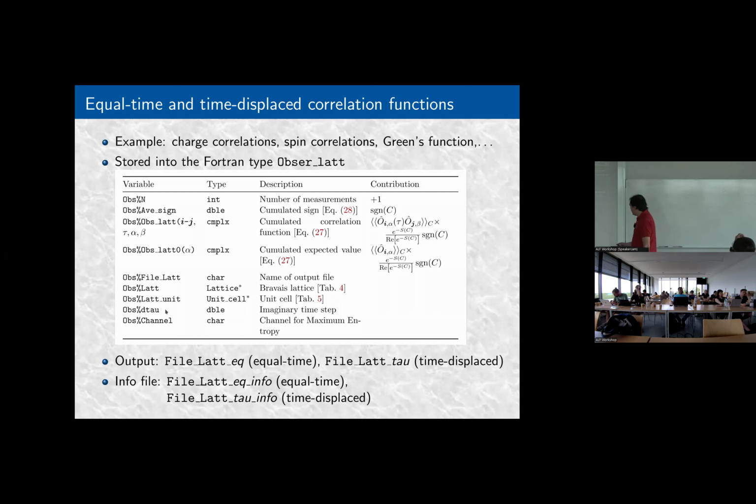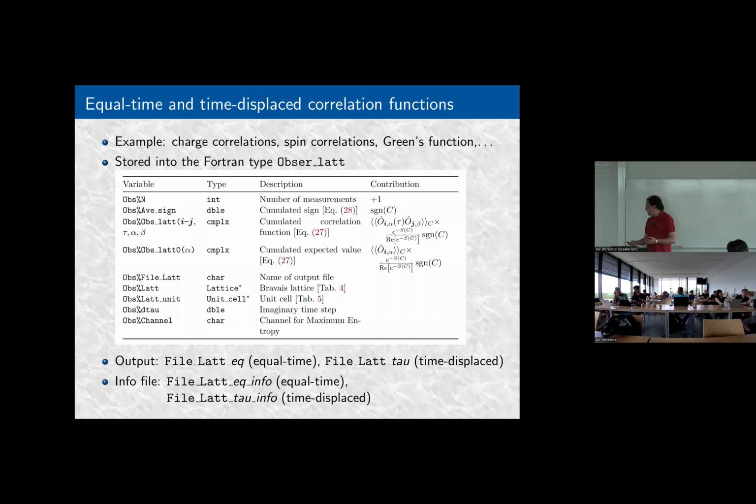Now, I would like to point out that each observable can have its own lattice and unit cell. This is particularly useful. It gives you extra flexibility in defining the correlations, because it means that depending on the type of correlation, they may live in a different lattice.